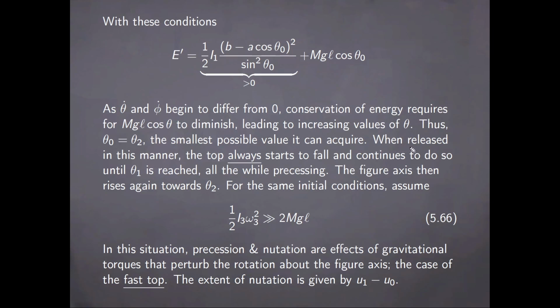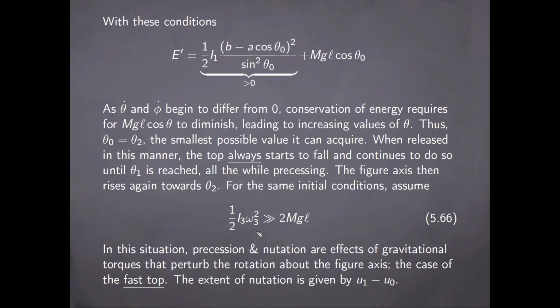So when the top is released in this manner, the top always starts to fall and continues to do so until the angle theta 1 is reached, and all the while the top is precessing. The figure axis then rises again towards theta 2. For these same initial conditions, we can assume that this additional condition is valid.